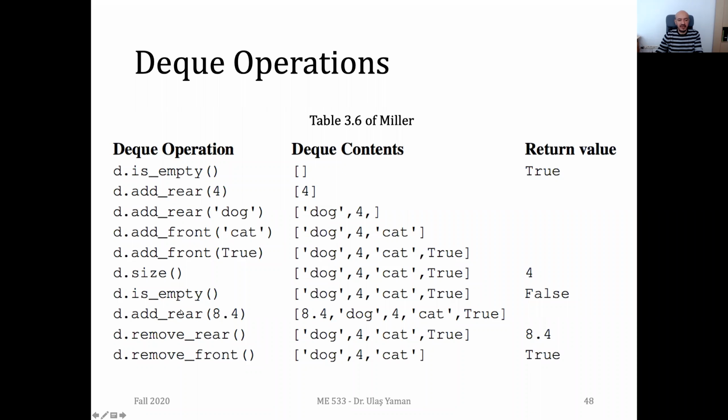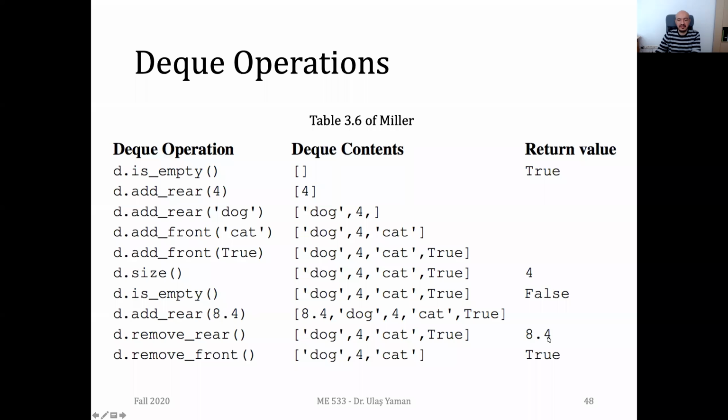And now we have another adding operation. This time we are adding the item from the rear end. So 8.4 will be added from the back side. And now we have 2 removing operations. We are removing an item from the rear. So the item at the back of the data structure is 8.4.